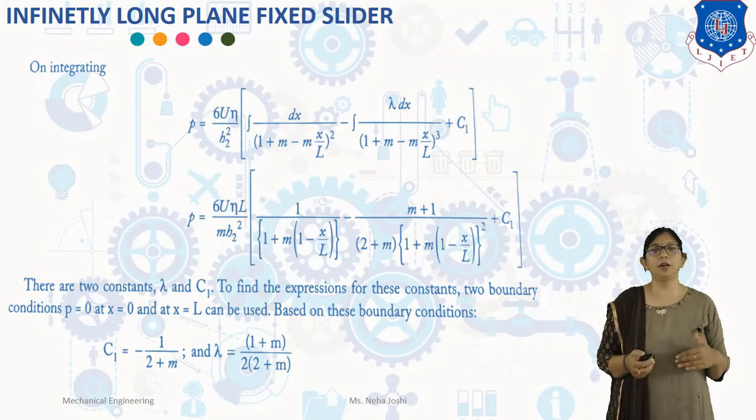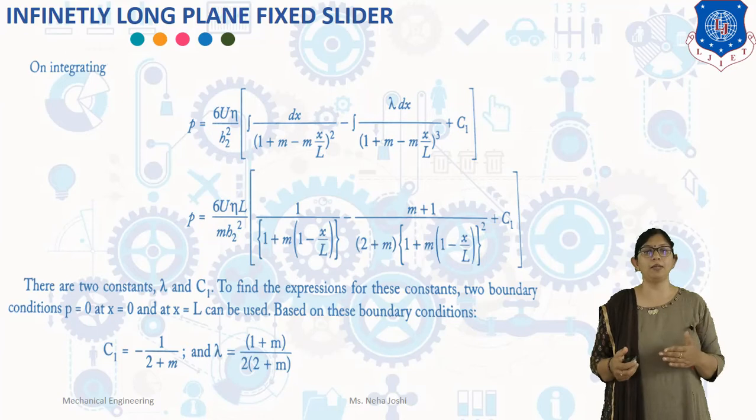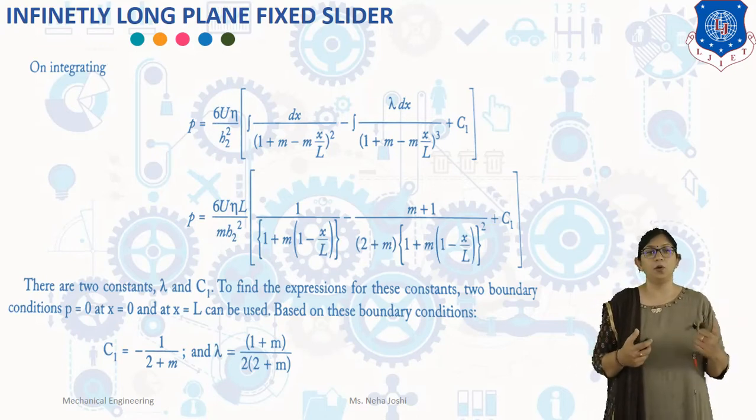Integrating dx over (1 plus m minus mx by l) whole square, minus integrating dx over (1 plus m minus m into x by l) whole cube, plus c1. So p is equal to 6 U eta into l upon m x square, 1 upon 1 plus m into (1 minus x by l) minus (m plus 1) divided by 2 plus m into (1 plus m) into (1 minus x by l) whole square, plus c1. So there are two constants, lambda and c1.